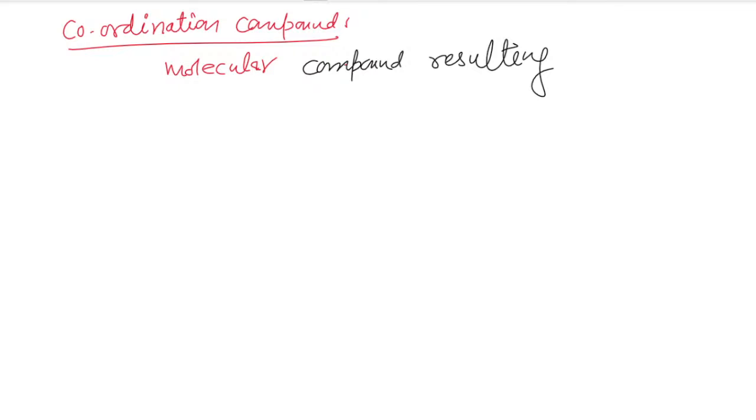It retains its identity in the solid state as well as in the solution, and its properties are totally different from the constituents present. For example, let us say we have Fe(CN)2. This is one of the compounds. It is a stable compound.